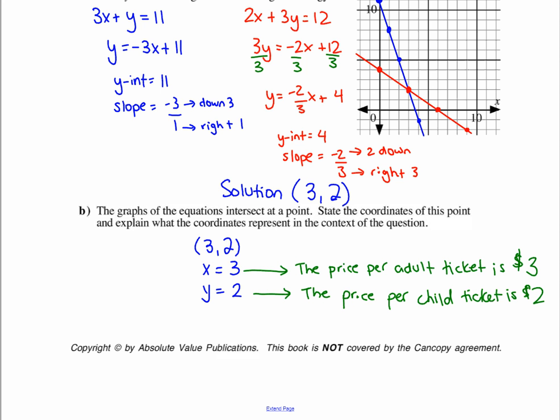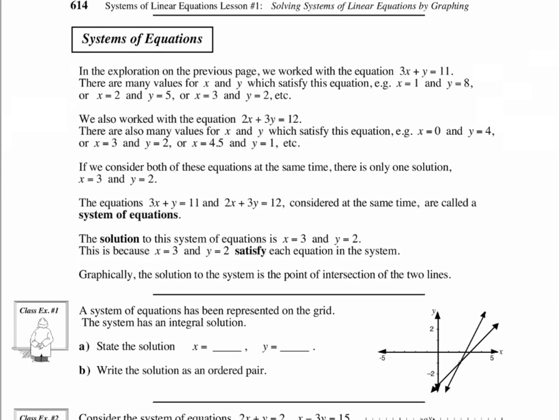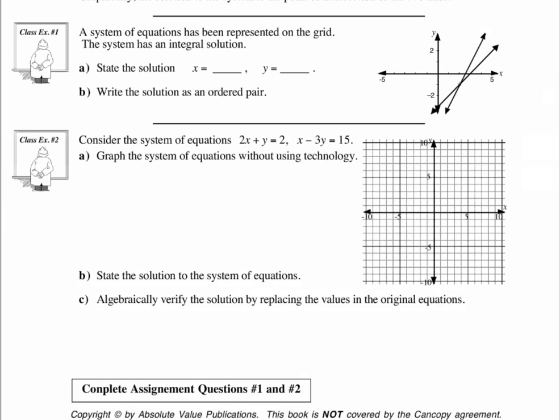The solution is the one that satisfies both equations, which is why it's the point of intersection. So just the point 3 and 2 will satisfy both, will be on both lines. That's really what they mean by satisfying. I don't know why they have to use that word, but they do. And so that's what all of this is saying here. So we can move on to example 1. Okay? That's what they're saying.